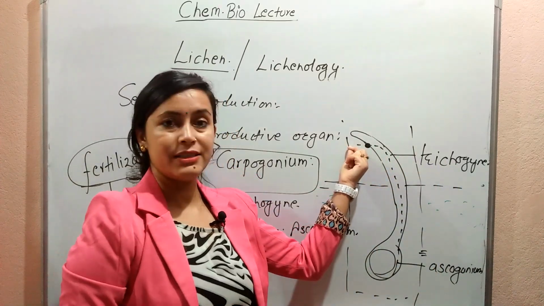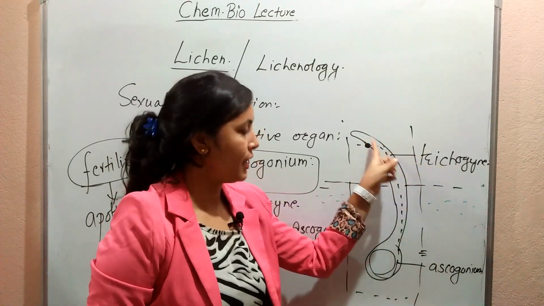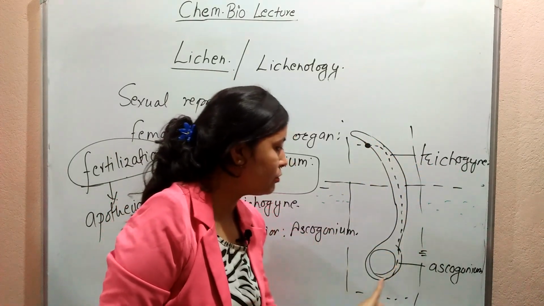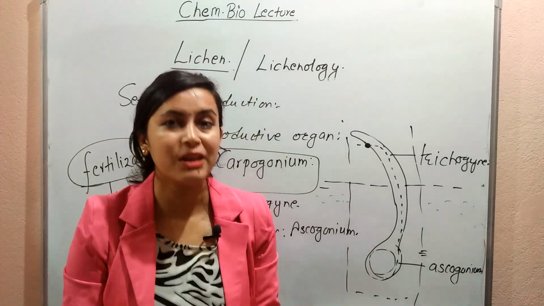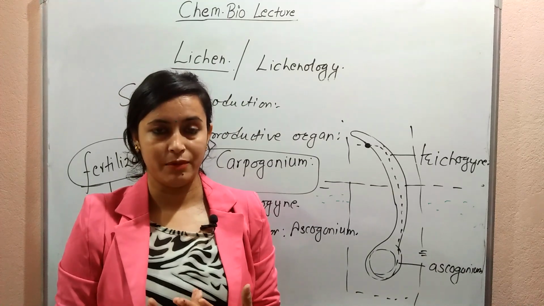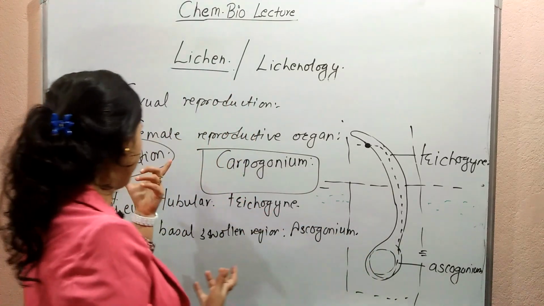The protoplast is released from the sticky surface of the trichogyne and travels down to the ascogonium, where it fuses with the nucleus of the ascogonium.